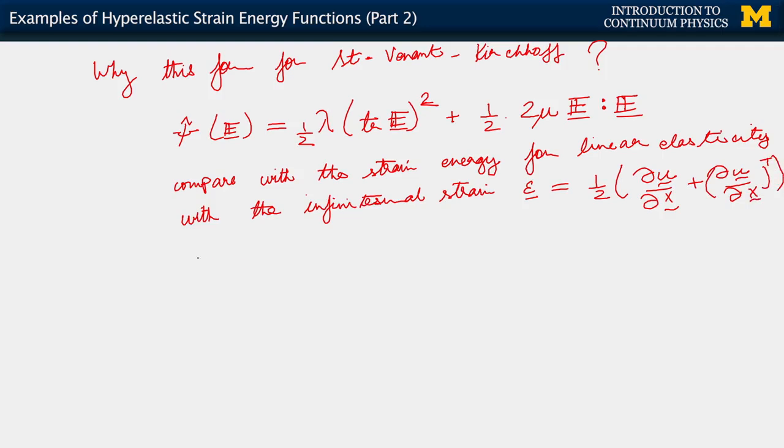Okay, in that case, then what you will see is that psi, let's denote it as psi LE for linear elasticity, as a function of epsilon, has exactly the same form.